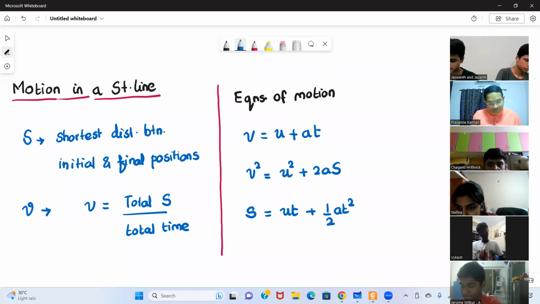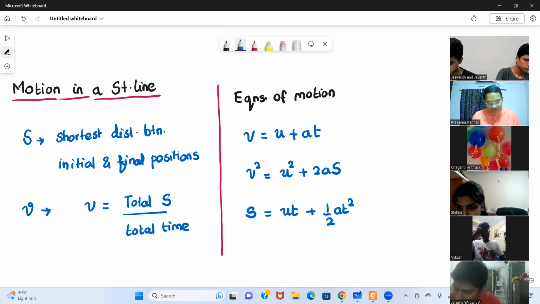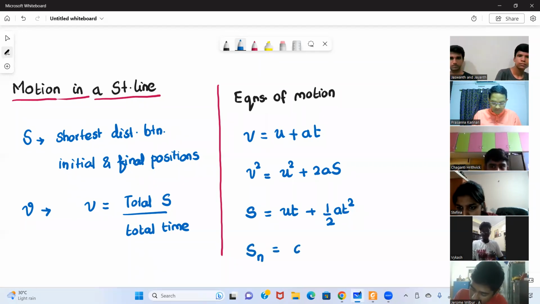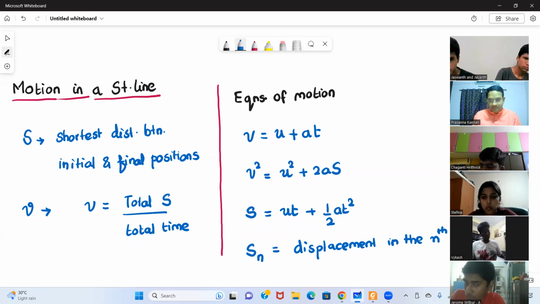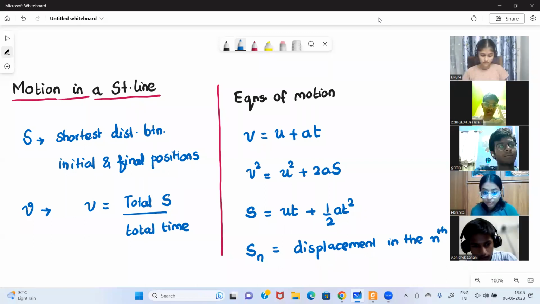Okay, I had given an additional equation. Do you remember, guys? This is nothing but displacement in the nth second, correct? What is displacement in the nth second? Can you tell me, guys?